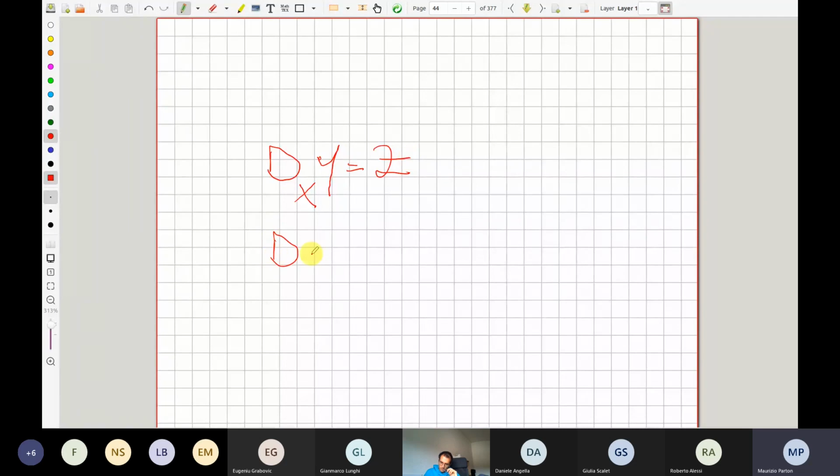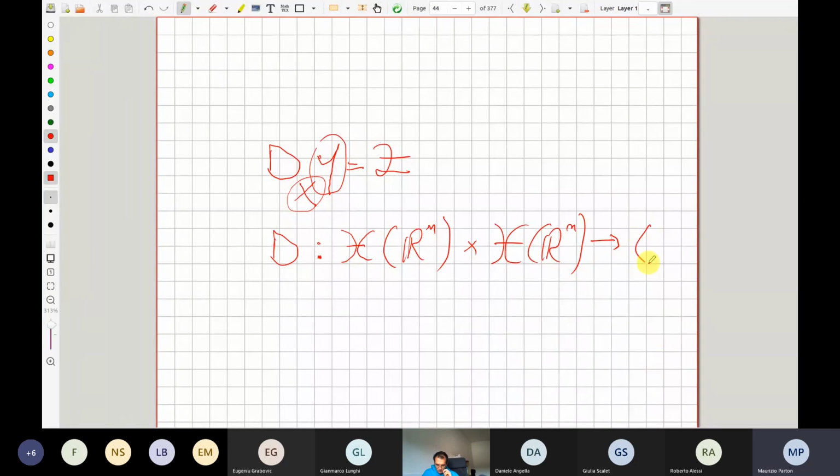In a more precise way, it takes a vector field on Rn and other vector fields on Rn, and the result is a vector field on Rn, that is this. Okay, this is clear.